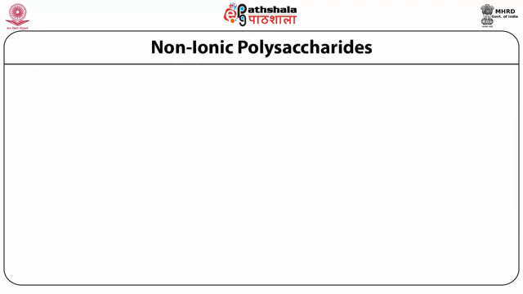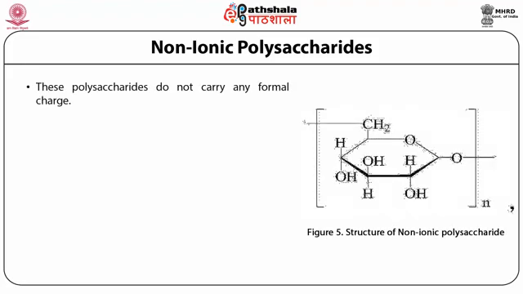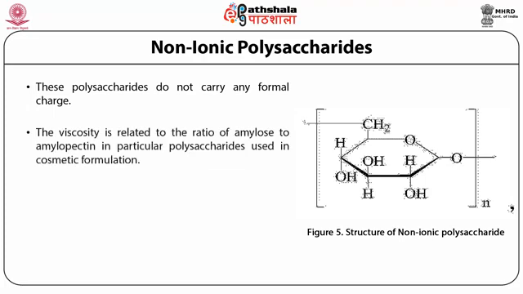Now coming to non-ionic polysaccharides, these polysaccharides do not carry any formal charge. You can see in the figure also, there is no formal charge. Rheology modifiers and thickeners are the two main uses of these polysaccharides. The viscosity is related to the ratio of amylose to amylopectin in the particular polysaccharide used in cosmetic formulation.